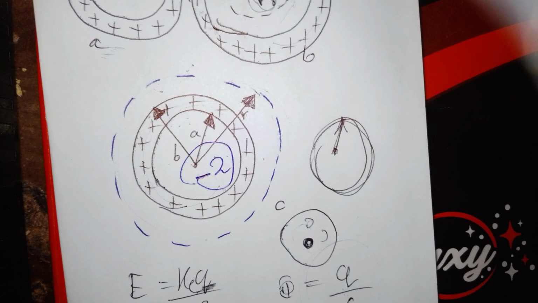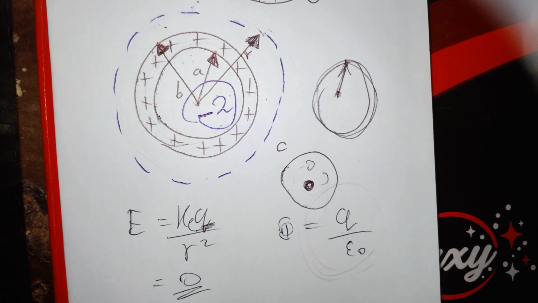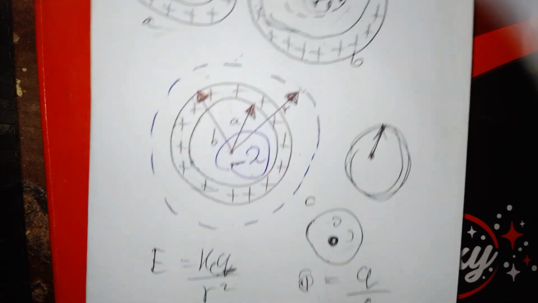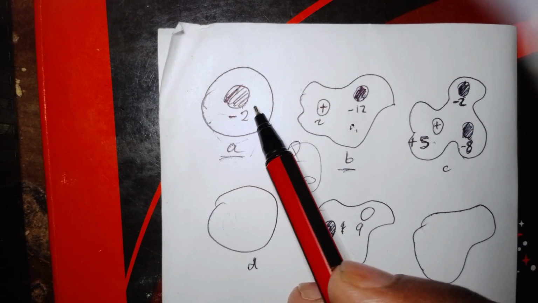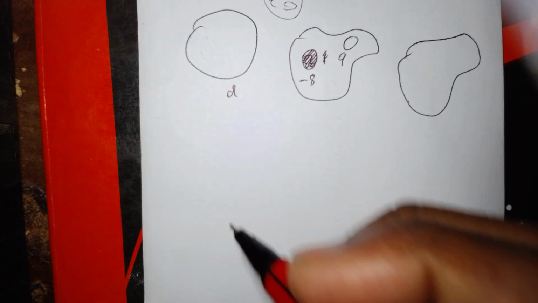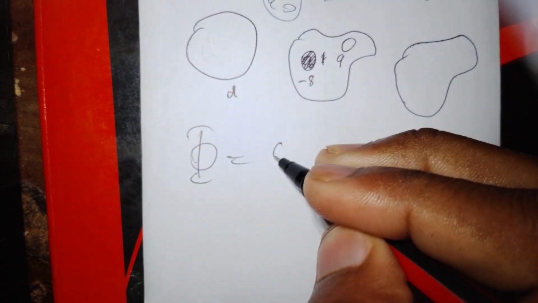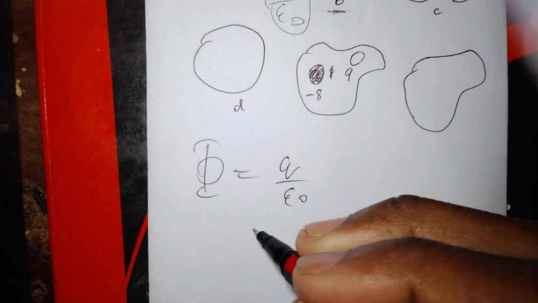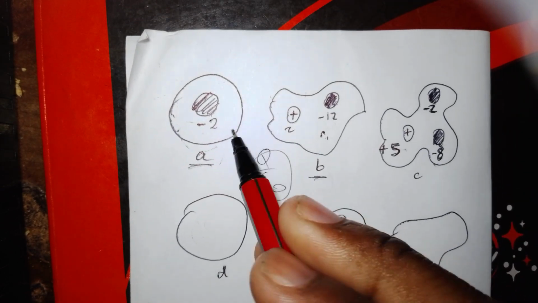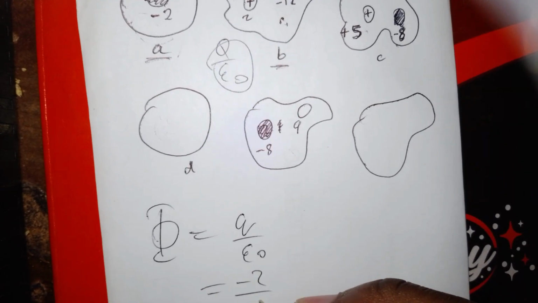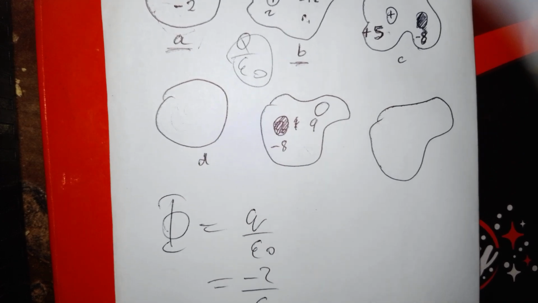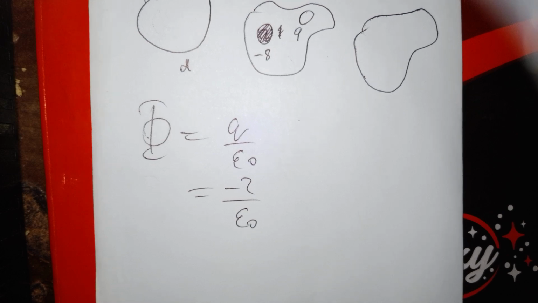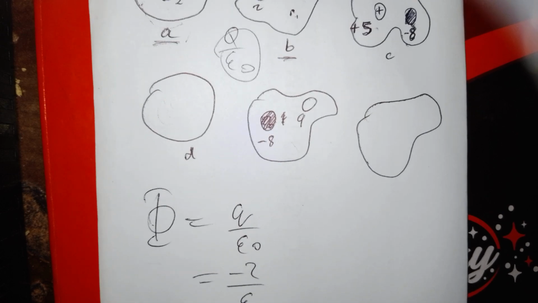So what we're going to do is this. This negative 2 charge has been placed inside. Now remember what we did here. If this is negative 2, the electric flux will be given by the charge over epsilon naught, where the negative will only come at the top. Then this here is 8.85 times 10 to the negative 12. So when you have two different charges, you add them up.